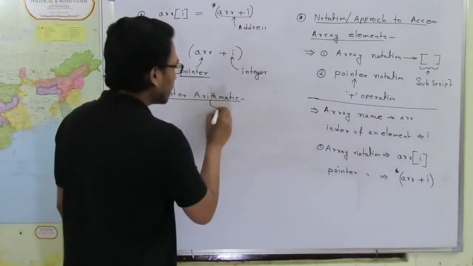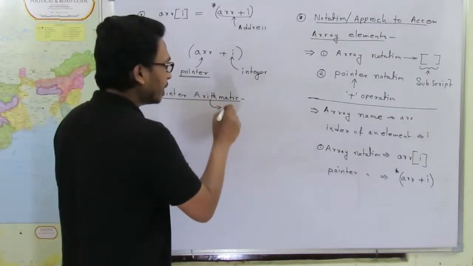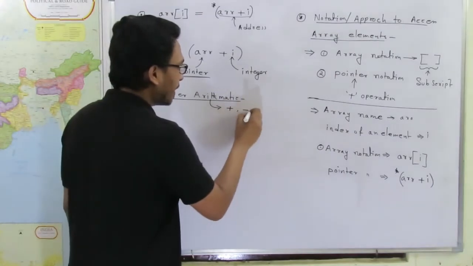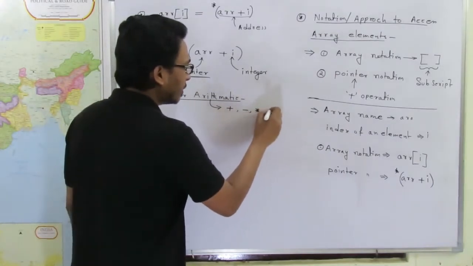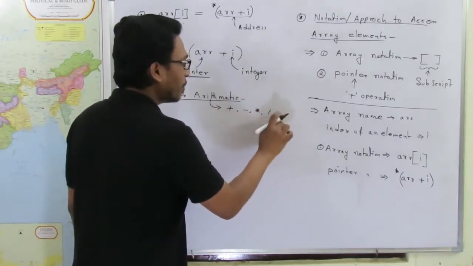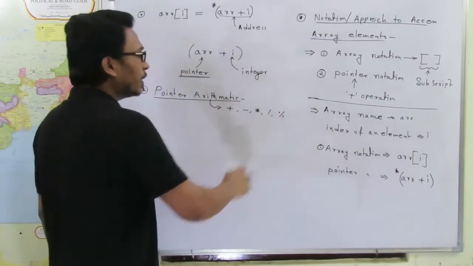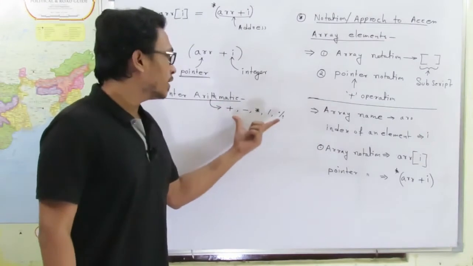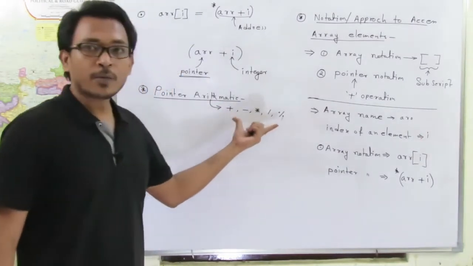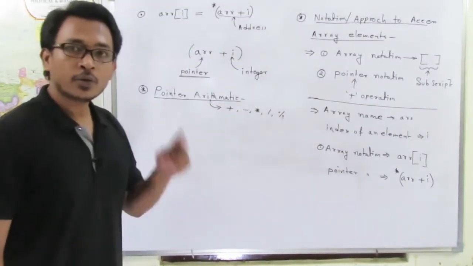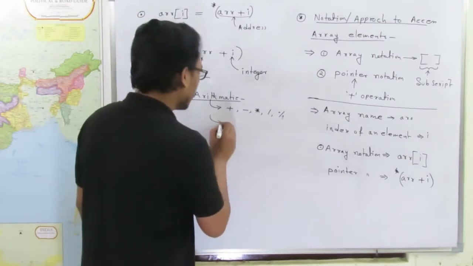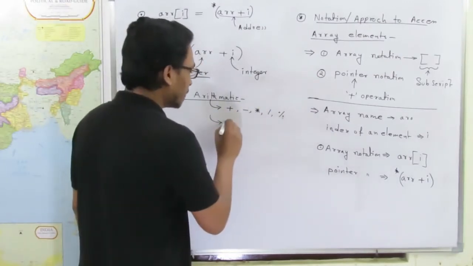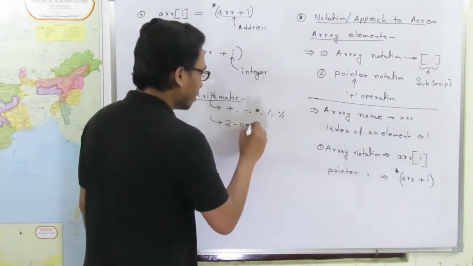Arithmetic means which operations are there in the set of arithmetic. We have plus, minus, then multiplication, division, and then the modulo operator. The collection of all these 5 operations is called arithmetic operations. Now, to perform all these operations, how many operands do we need? We need 2 operands. To perform any of these arithmetic operations, we need 2 operands.